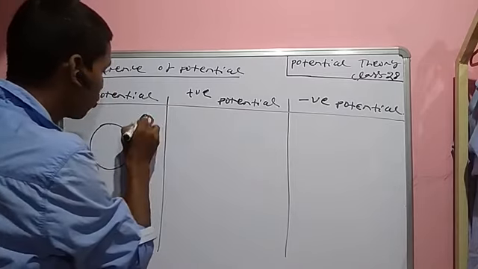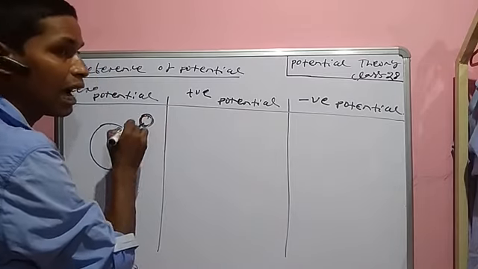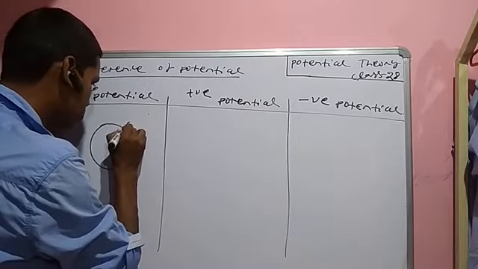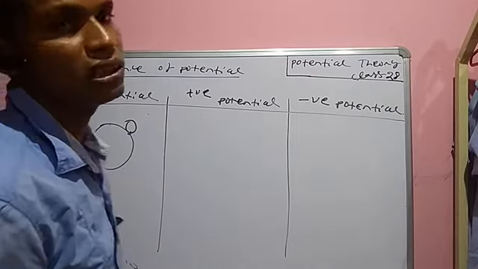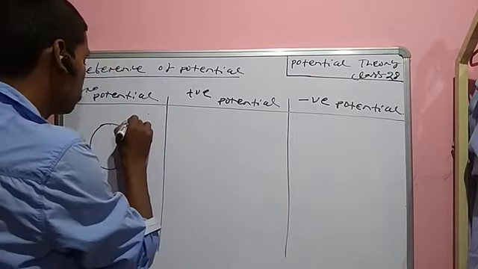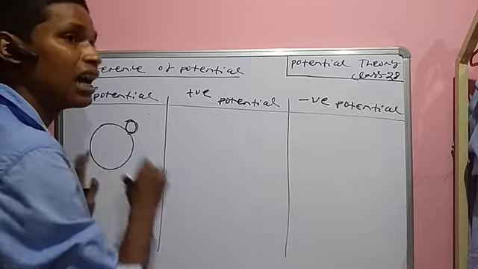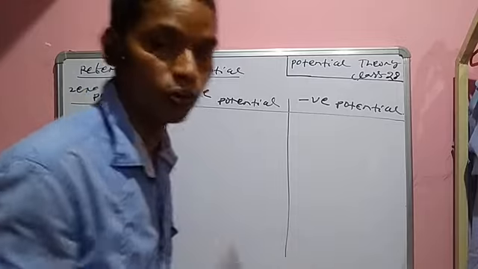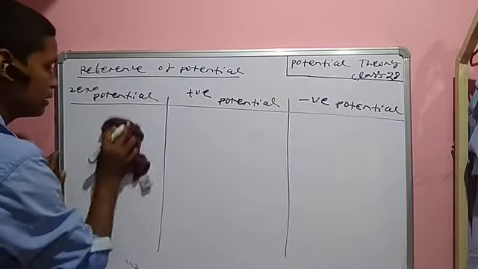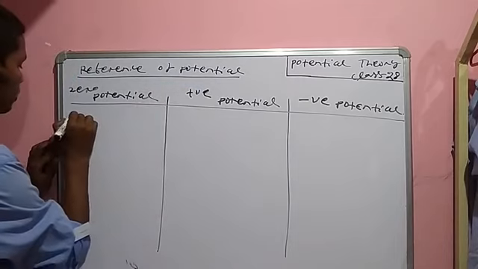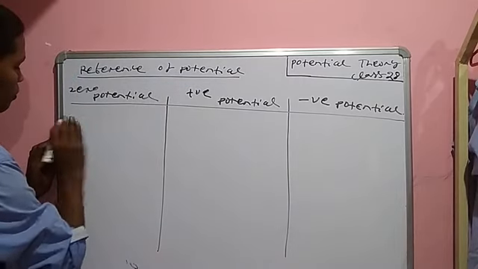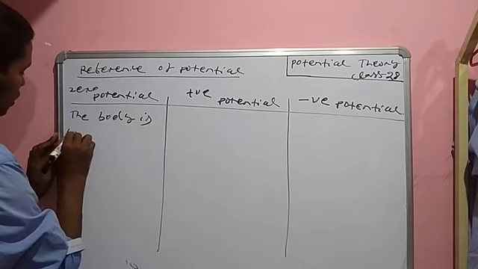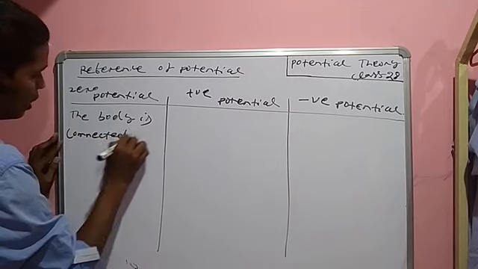That means this body is connected to Earth by some conductor, or the charge is placed on the Earth, then it has potential zero because it is connected to Earth. Earth has potential zero, so any body connected to Earth is also zero.